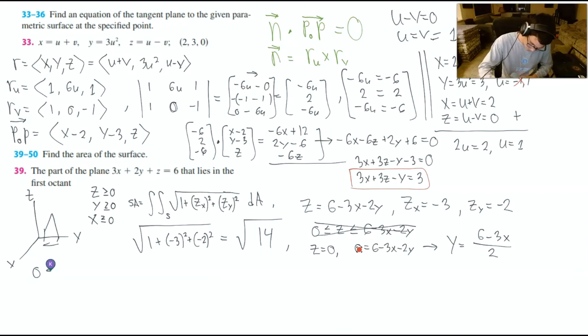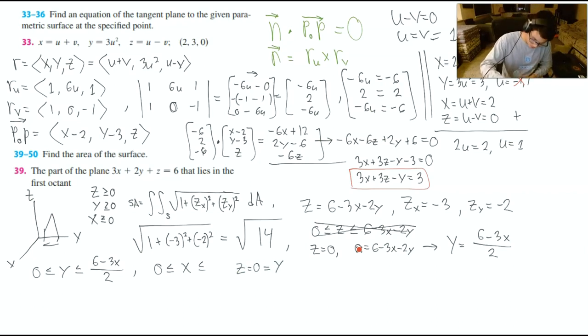Okay, and then you know that y, so now you can use that relationship. So y goes from 0 to 6 minus 3x over 2. Okay, and since that's true, then let's just ask a question. What is x? Well, x will definitely be from 0 to x. Yeah, but what's the biggest value of x? We can find the biggest value of x if z equals 0 and if y equals 0.